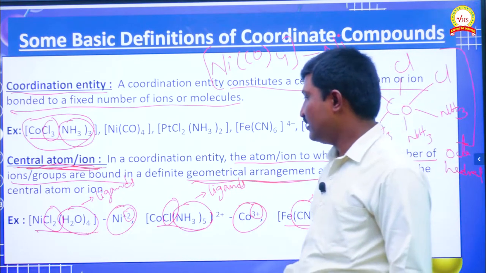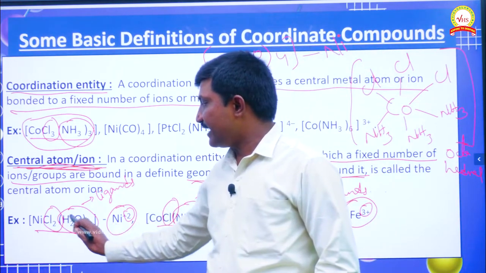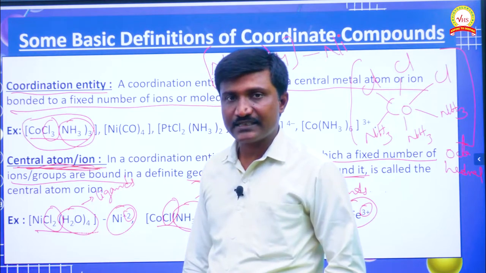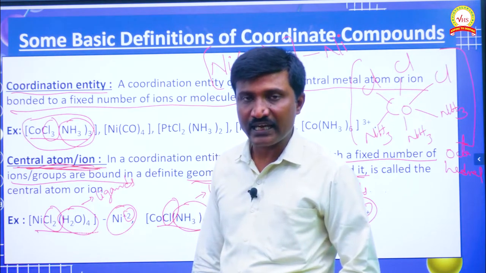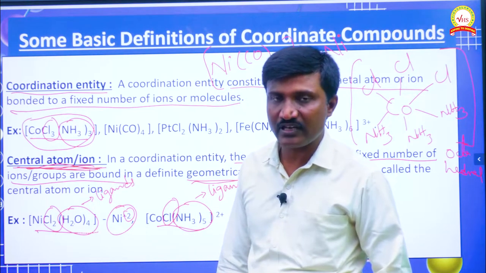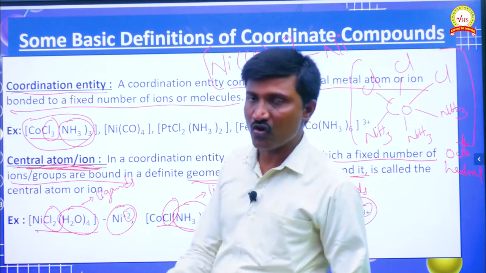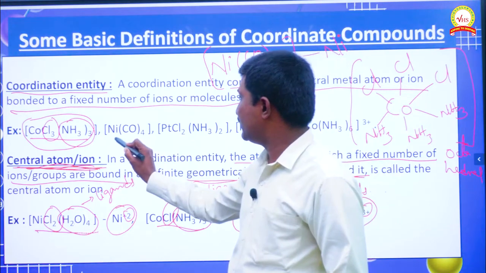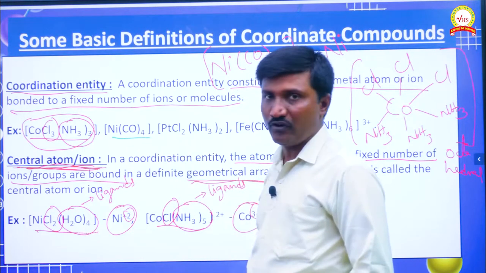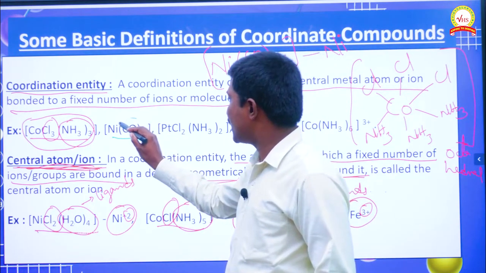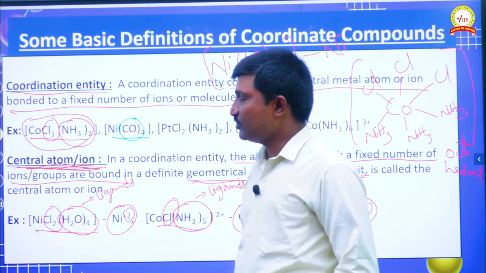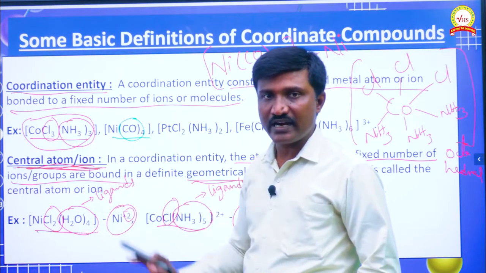So the number of ligands attached to the central metal atom in a coordination entity we call the coordination number. For example, in this Ni(CO)4, 4 carbon monoxide neutral molecules are going to bind with nickel.